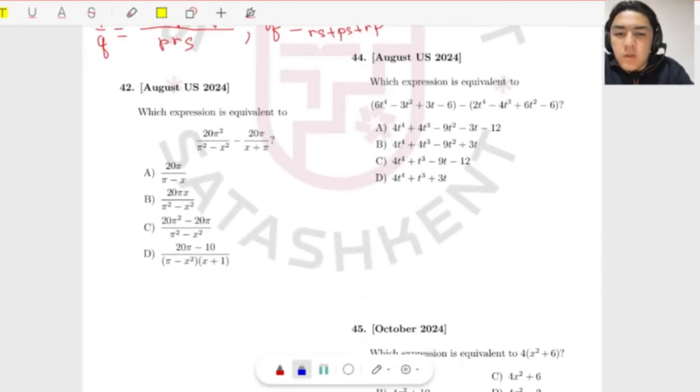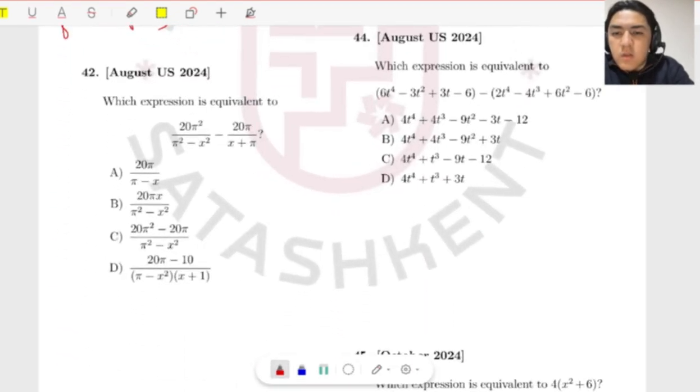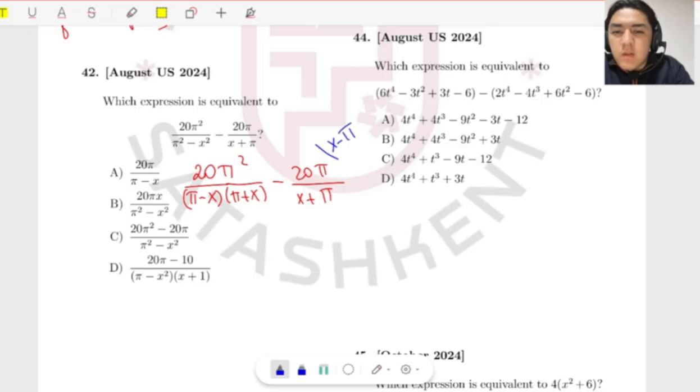Question 42. Here also we have to simplify, and I can write it in this way: pi minus x and pi plus x minus 20 pi, here I have squared it, x plus pi, which means I have to divide by x minus pi here, not x minus pi actually, but by pi minus x.